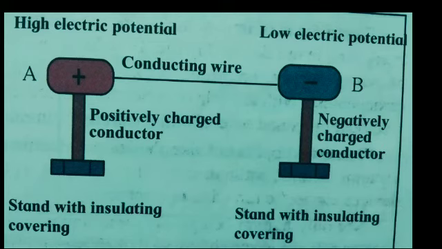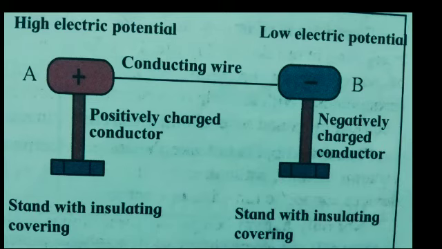Now see in this diagram, conductor A is at higher potential and B is at lower electric potential. Both A and B are connected with each other by a conducting wire.